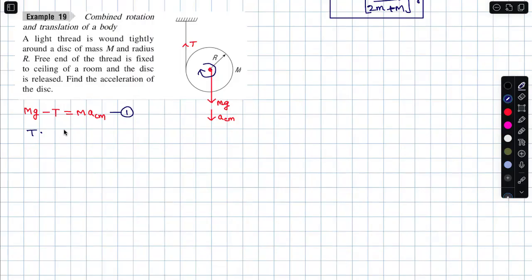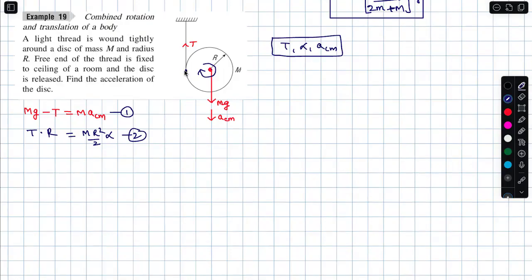Tension into radius is equal to mr square by 2 alpha. Tension is an unknown, alpha is an unknown, ACM is an unknown. We require one more equation. What is that equation?